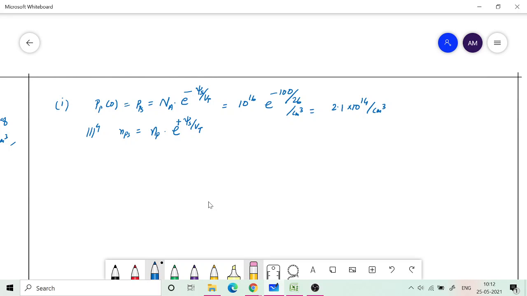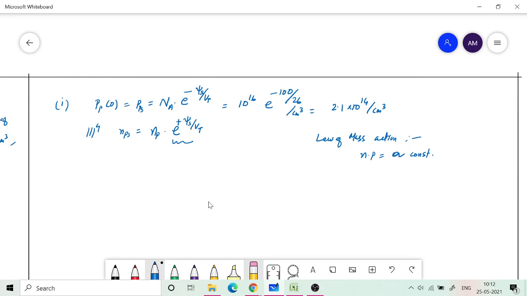Because whatever is the reduction, by the same factor the other has to increase. If one is reduced by a factor, the other has to increase by the other factor, so that the product will remain constant. That's called the law of mass action. Law of mass action says n into p is equal to a constant.